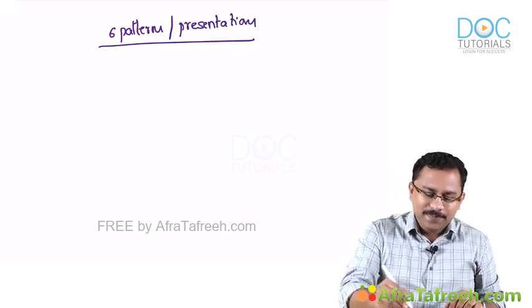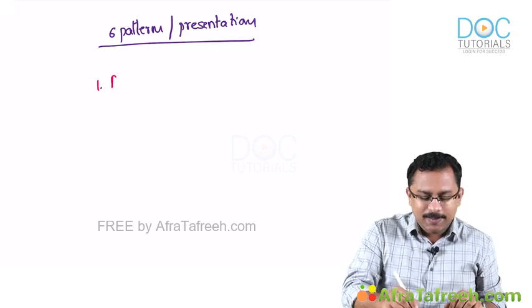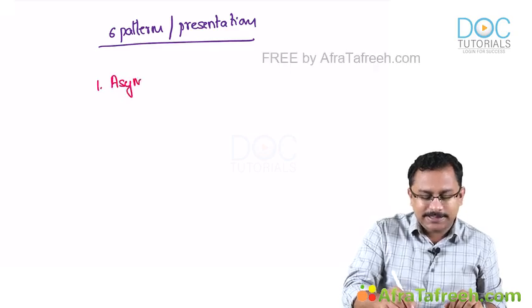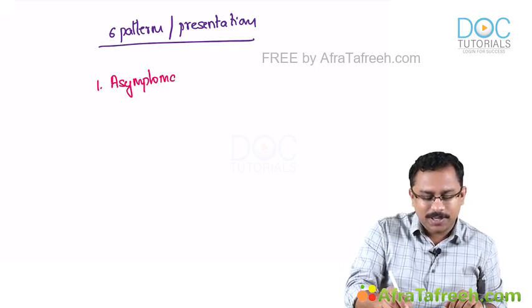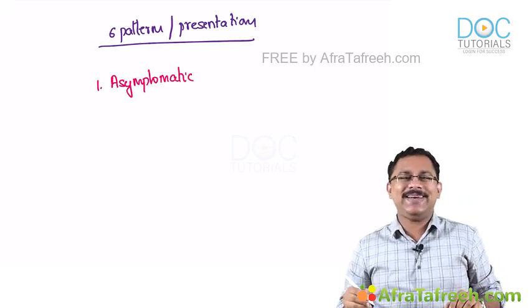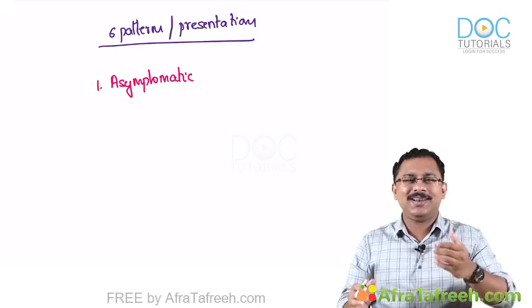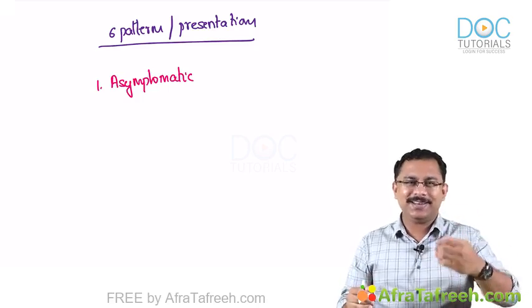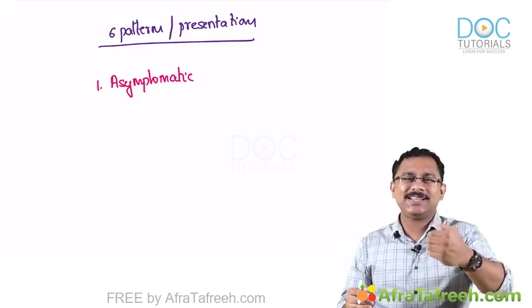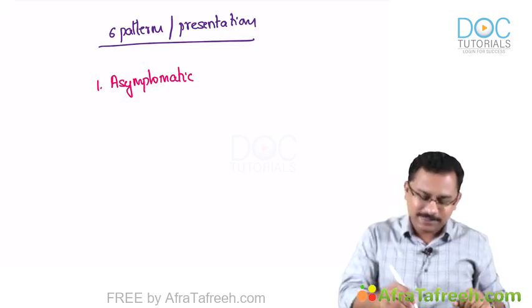Number 1, they may be totally asymptomatic and probably incidentally detected. We will come to the individual presentations later, but first let us list down what are the clinical presentations.